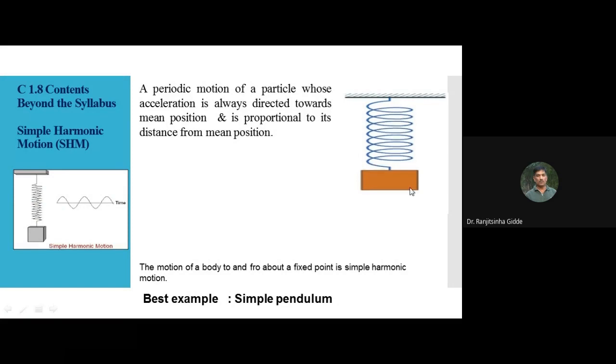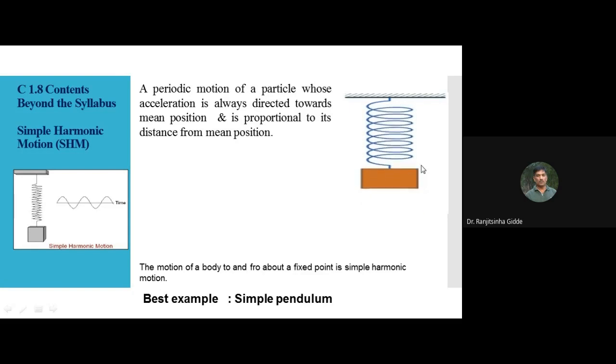So check this. Once it is disturbed, it will move in the upward direction. Again it will move in the downward direction. The motion with respect to some reference point, it will move in the upward and downward direction from the reference point, and that motion is periodic and is directly proportional to its acceleration.